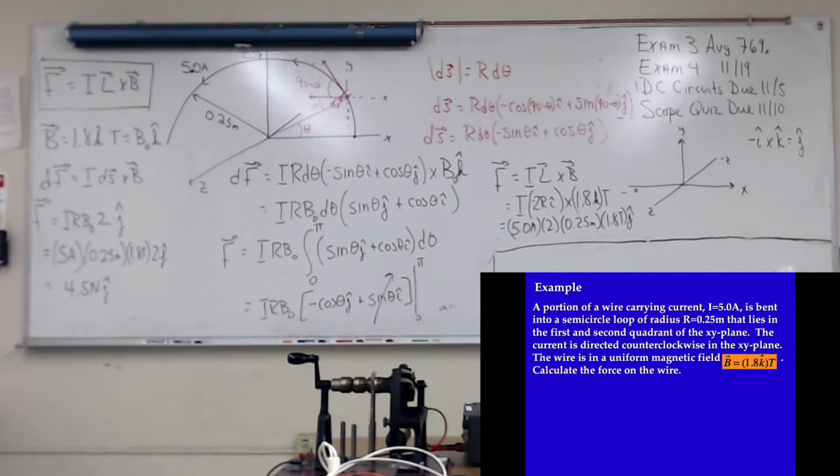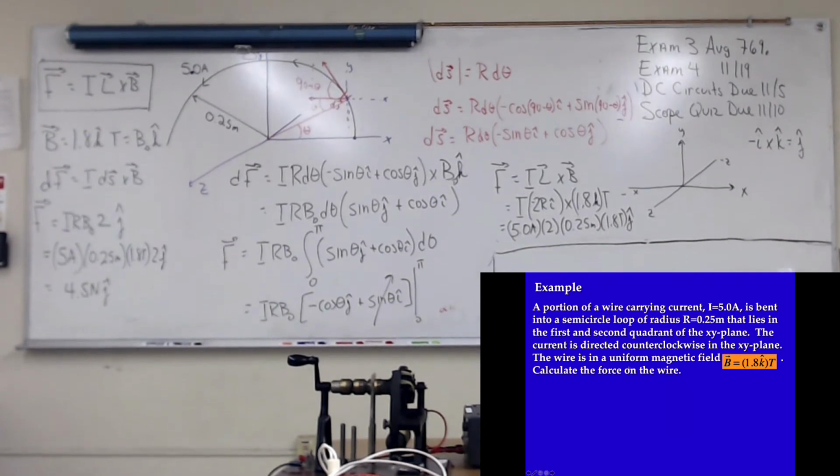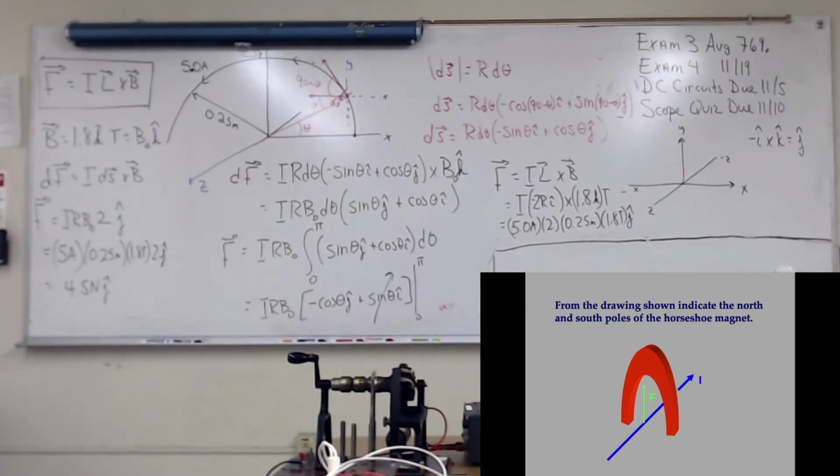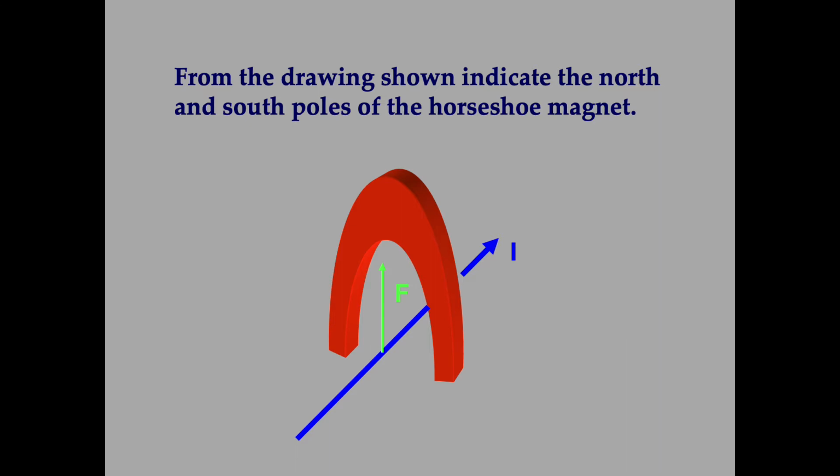Okay, let's do one more example. This is conceptual, and I'll let you think about it. So I'm going to make this thing a little bit bigger. You have a wire carrying current, and there's a horseshoe magnet there.